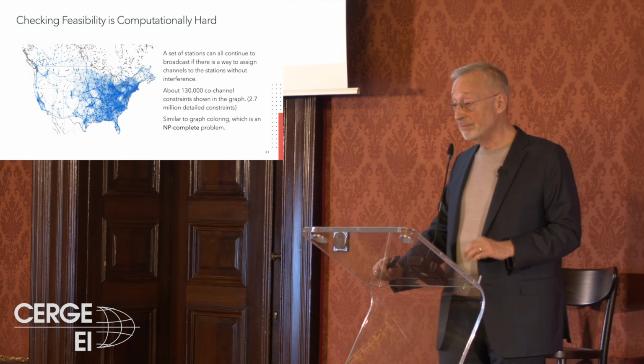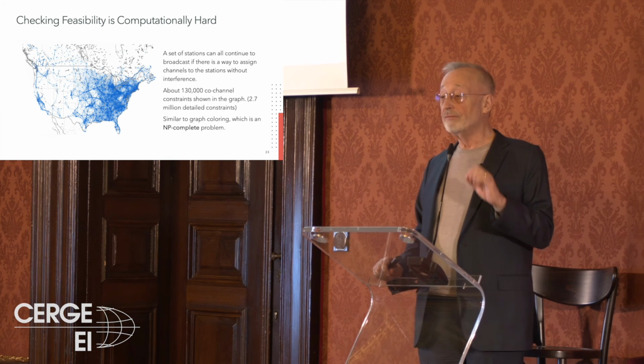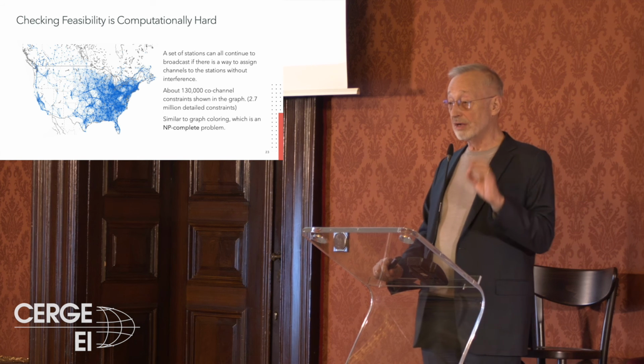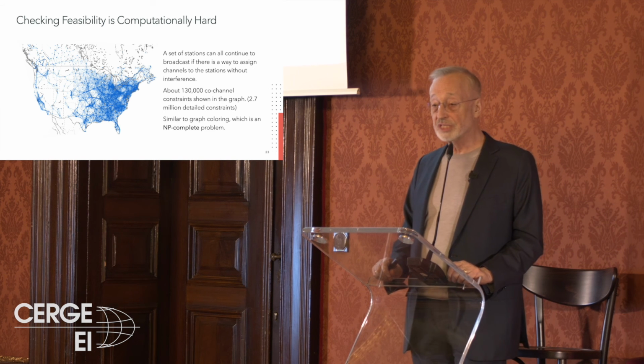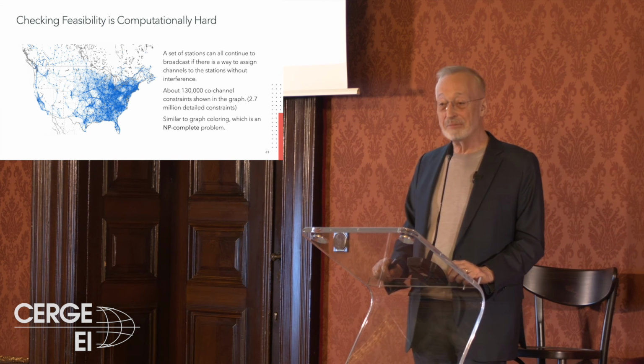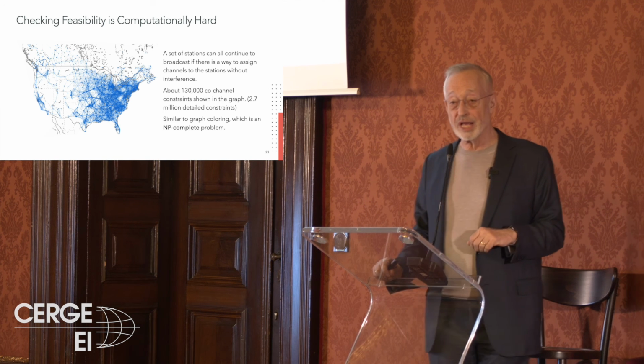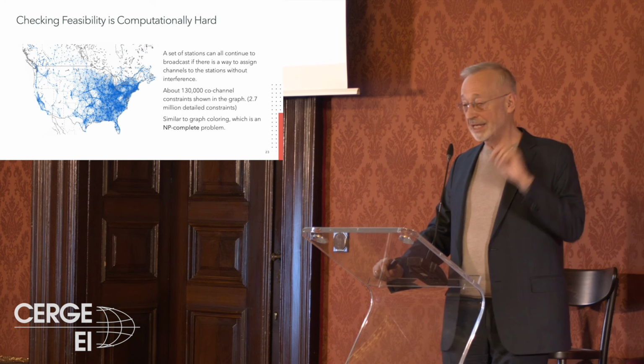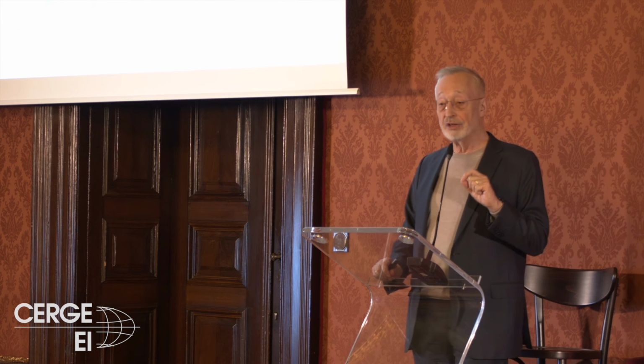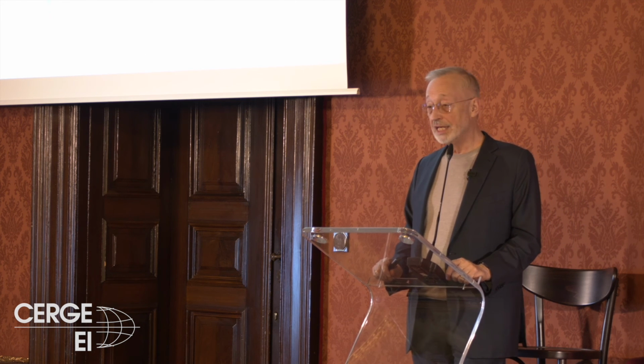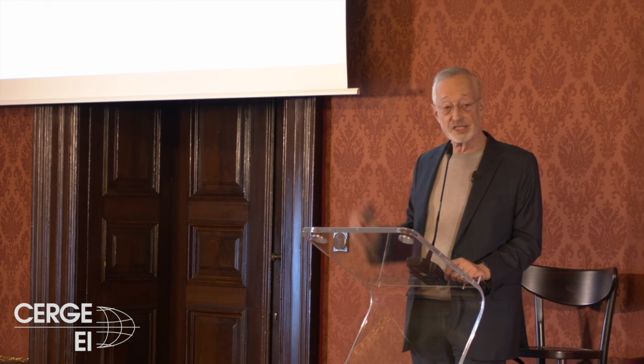And the graph coloring problem is NP complete. If any of you have studied computational complexity in computer science, it means it's hard. It means, roughly speaking, that for any known algorithm, and perhaps, depending on a famous hypothesis, for any algorithm, the worst case solution times grow exponentially in the size of the problem.